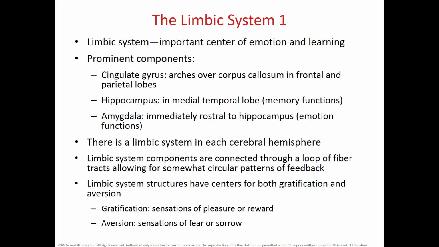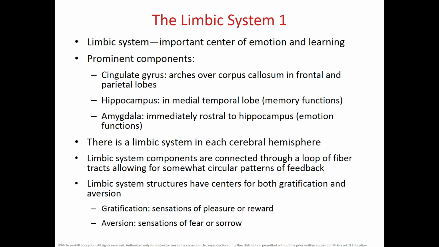Now, those three components, the cingulate gyrus, hippocampus, and amygdala, are not the only parts that influence the limbic system. The limbic system can also receive information from the temporal lobe and frontal lobe, and within it we have structures that produce both gratification and aversion.